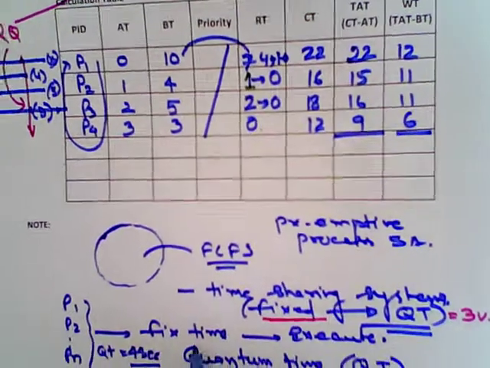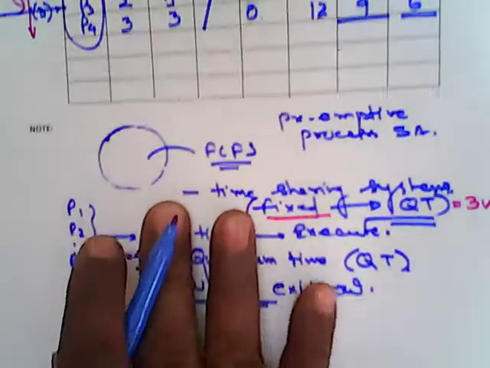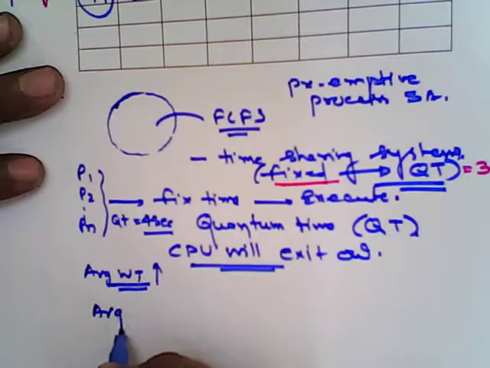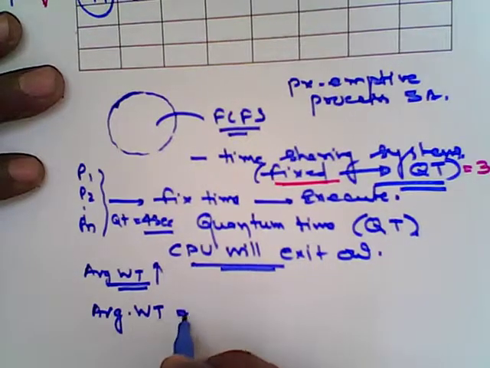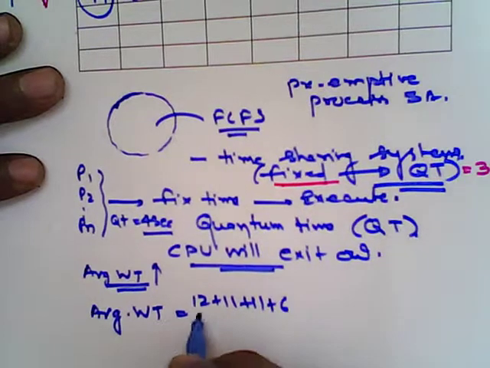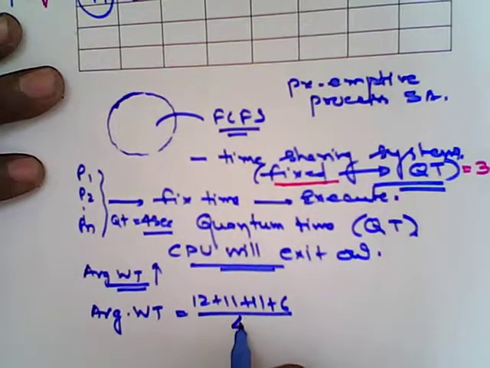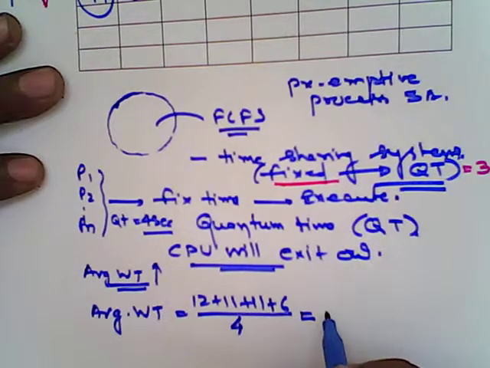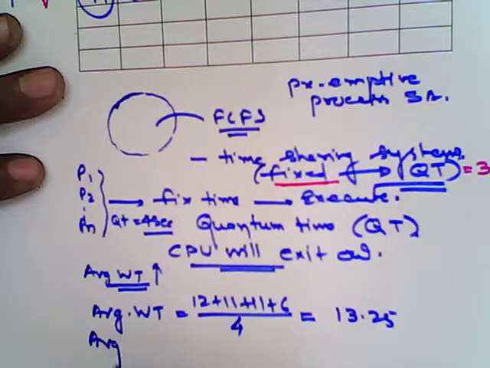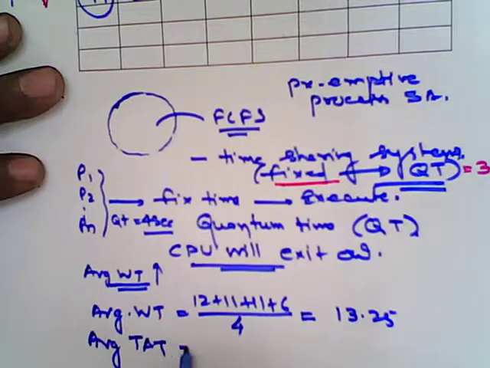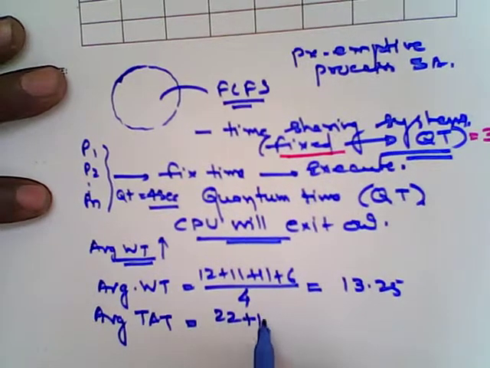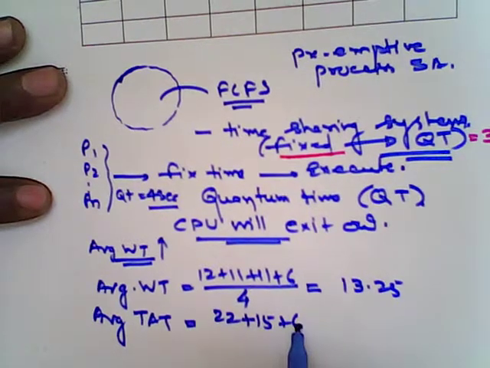Average waiting time is 12 plus 11 plus 11 plus 6 divided by the total number of processes. There are 4 processes, so it comes to 13.25. Average turnaround time is 22 plus 15 plus 16 plus 9 divided by 4, and we get around 18.75.